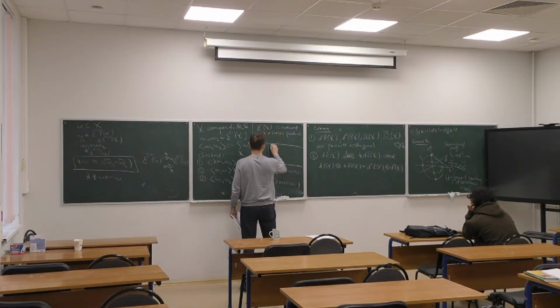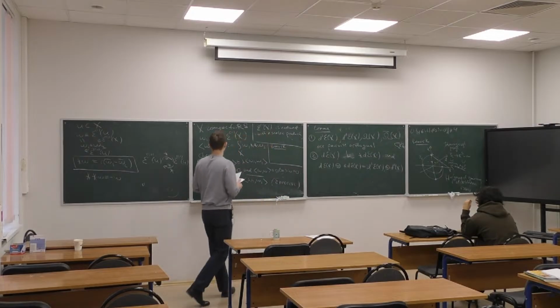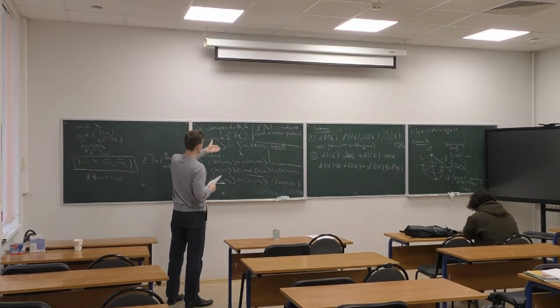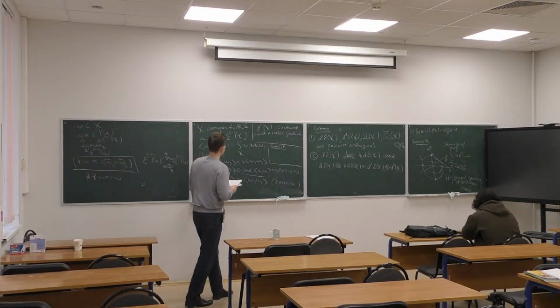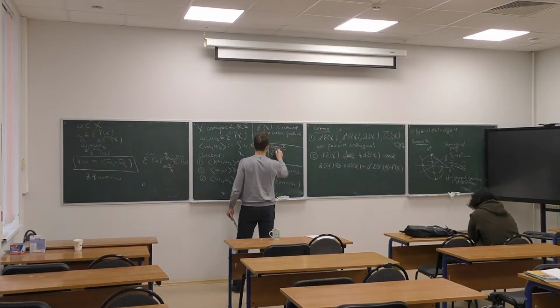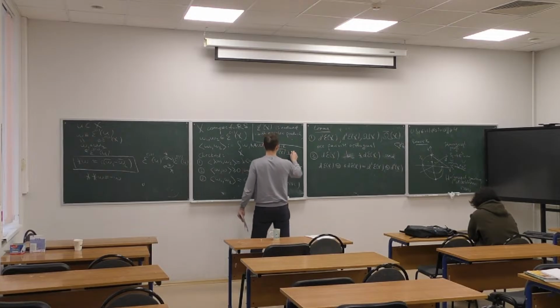So maybe immediately after the definition of this scalar product, one can make a remark that obviously forms of type 0, 1 are orthogonal to forms of type 1, 0.